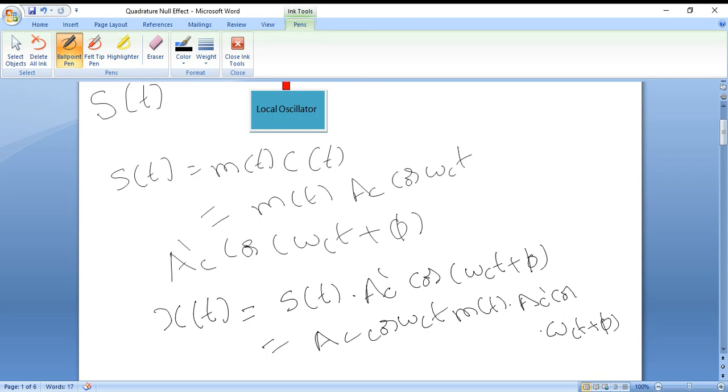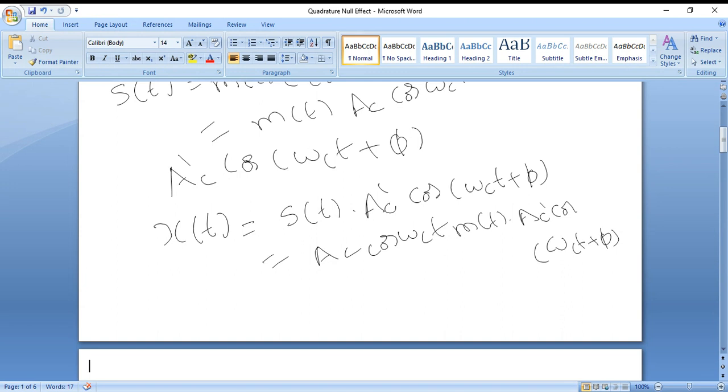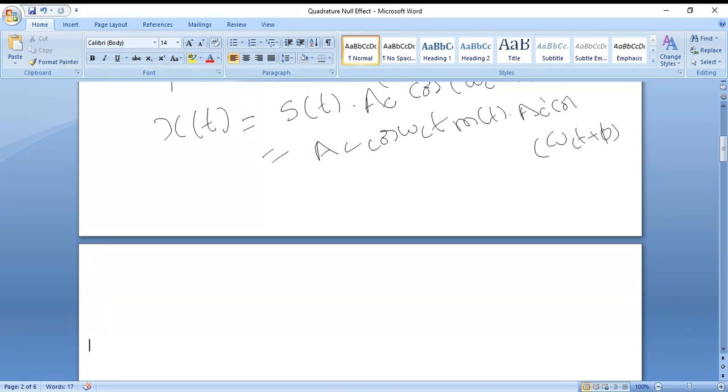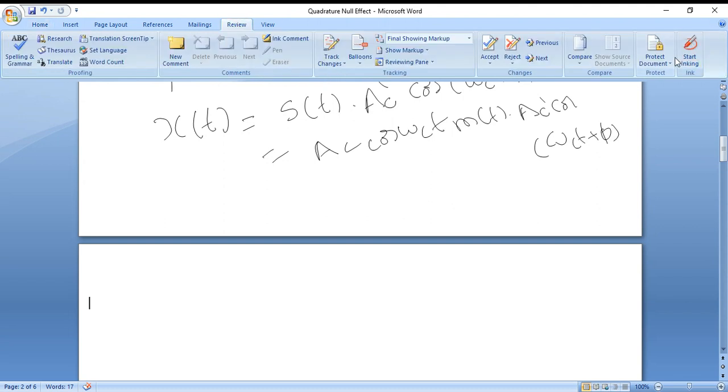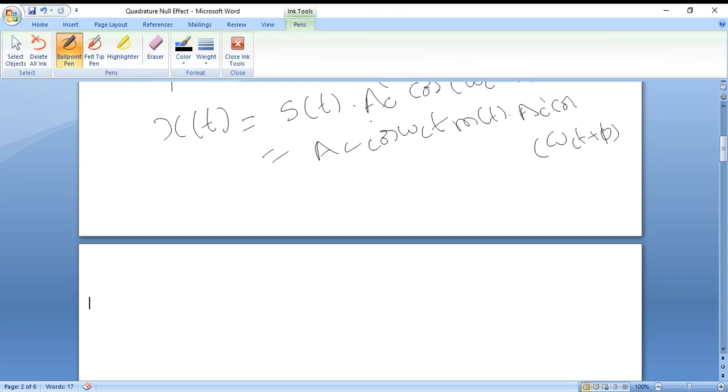What is this phi in cos of omega ct plus phi? This is nothing but the phase difference between the locally generated signal and the DSB signal received. Now, these two are multiplied: one is the DSBSC signal, the second one is the locally generated signal.